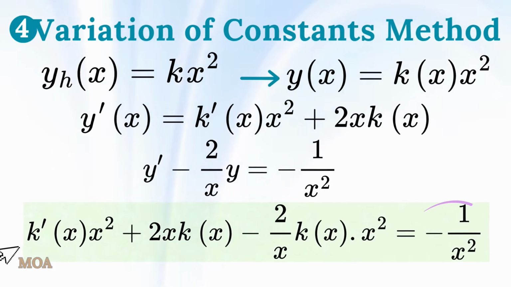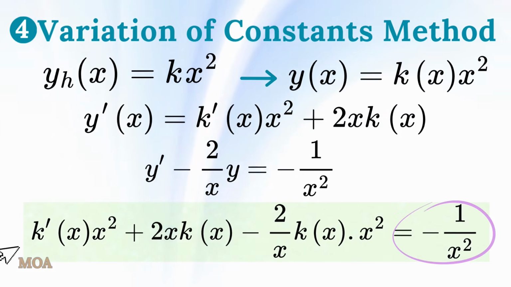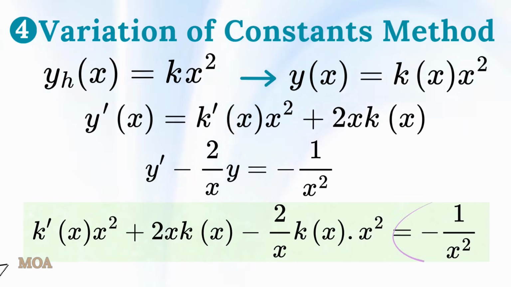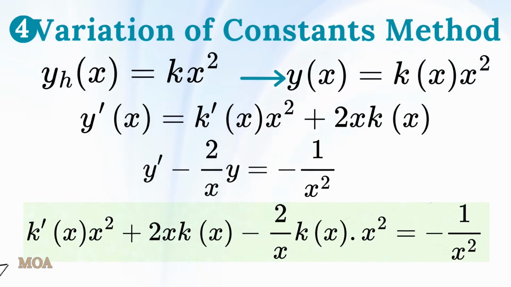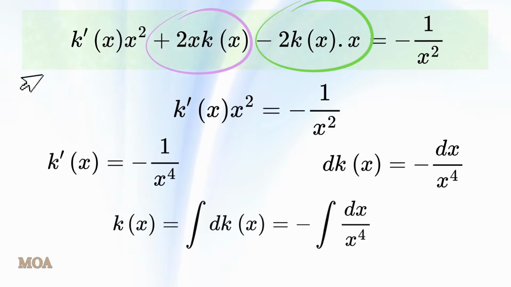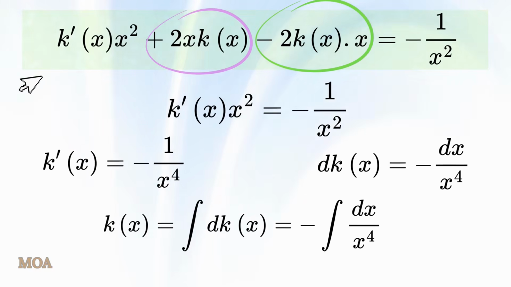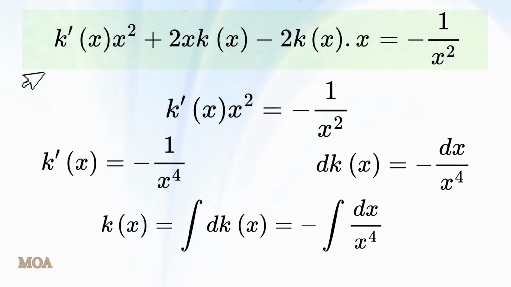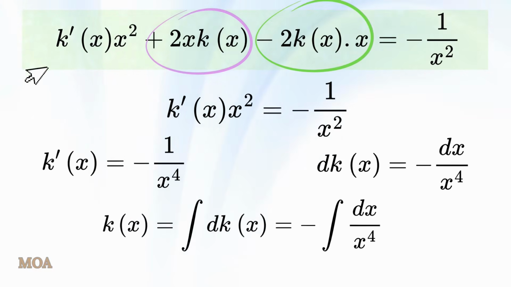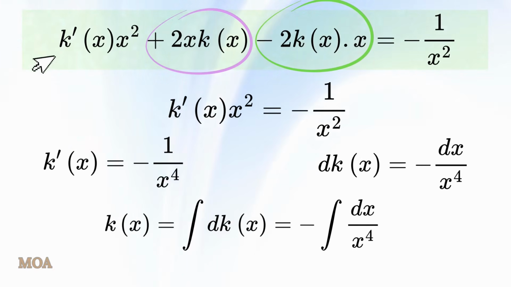x squared plus 2x times k of x minus 2 over x times k of x times x squared equals negative 1 over x squared. After we remark that x in the numerator and x in the denominator cancel out, which yields k prime of x times x squared plus 2x times k of x minus 2 times k of x times x equals negative 1 over x squared.